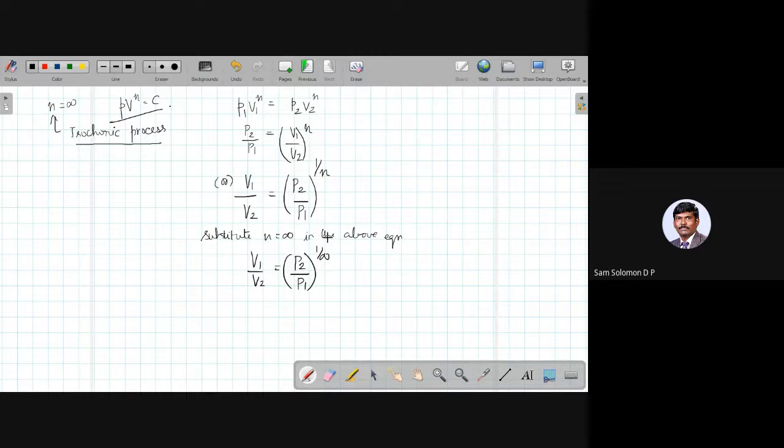And mathematically, 1 by infinity is 0. So you have (P2 by P1) to the power 0. Anything to the power 0 is 1. So this is equal to 1, which means V1 is equal to V2. When V1 is equal to V2, we call it a constant volume process. And that is why when you say n equal to infinity, that is an isochoric process. Is that clear?